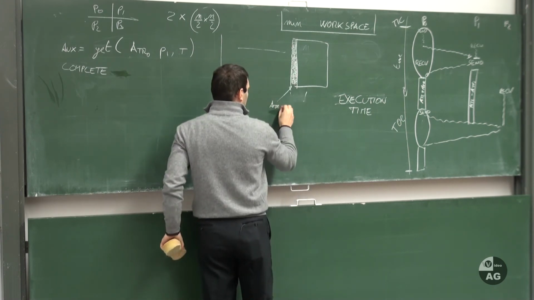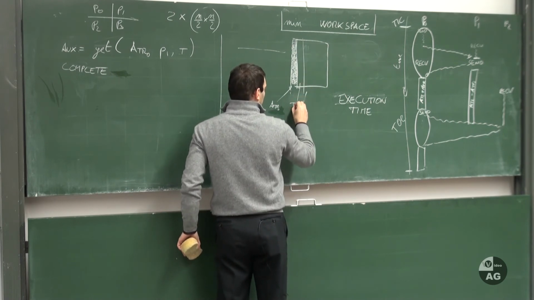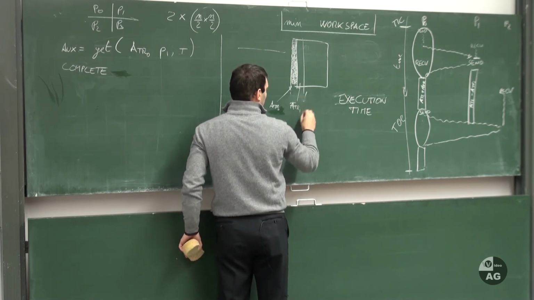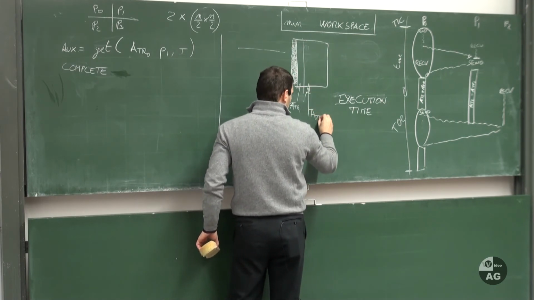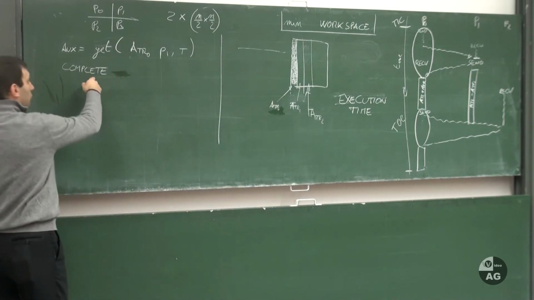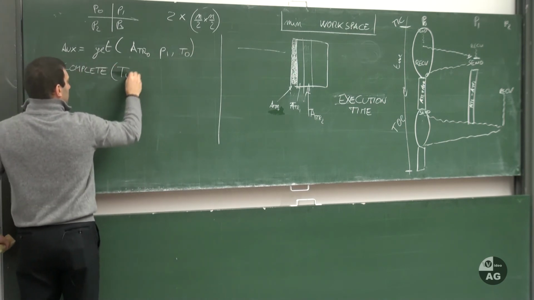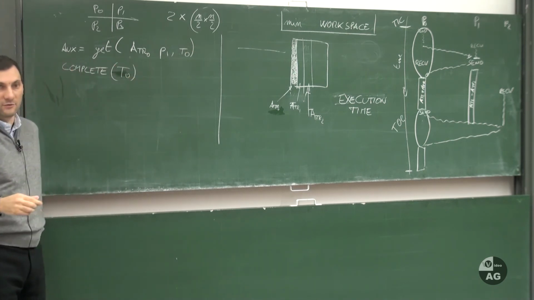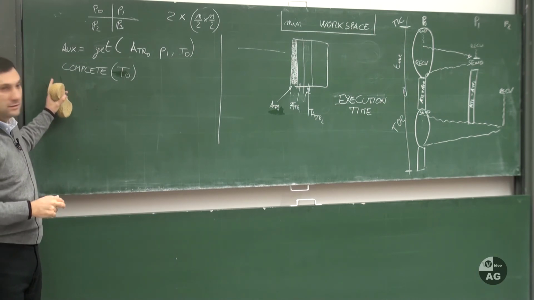Then the next column would be A top right 1, and then A top right 2, and so on. Now I complete, but I complete only T0. Okay, that's fine. But maybe I should do something else.